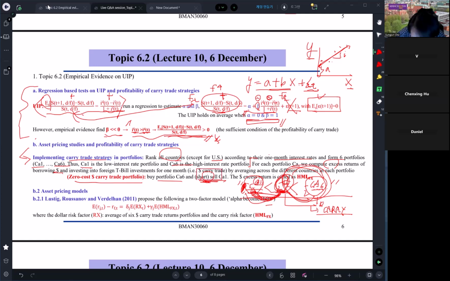So because of this short selling, you're gonna get profit from this one and also from this one, and both are why you're making money, because of the carry trade analogy. You reverse carry trade here, so you're gonna short sell it, which means you're actually doing carry trade. Anyway, this is how we implement carry trade strategy in real practice. You need to do this in portfolio.